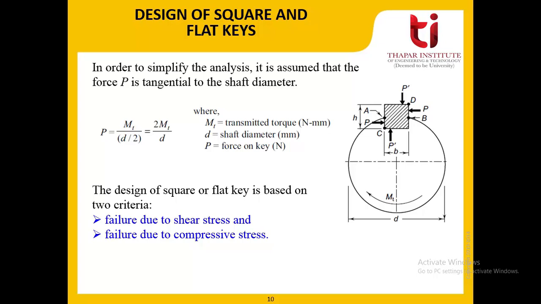When P is trying to slice down the key, it is trying to cause shear, so the shear stress will be the cause of failure. Therefore our design must be based on shear stress. But in the other scenario, when P is trying to crush or compress the key, the compressive stress will be the criterion for the key design. Let us look at both these cases one by one.